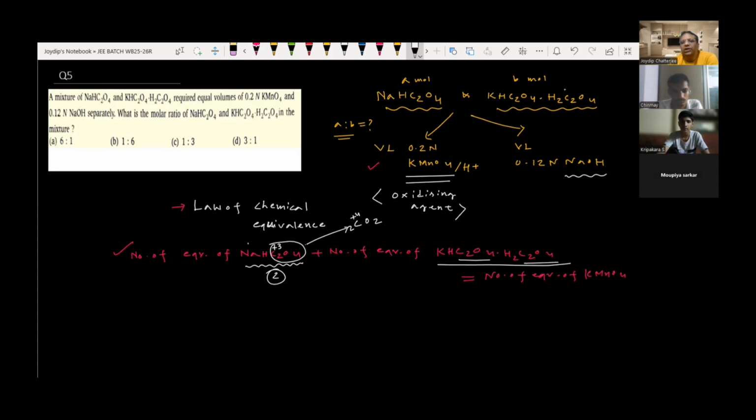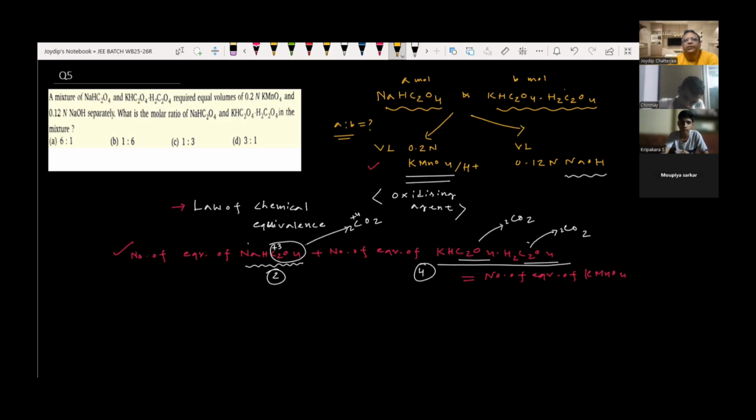Here also the oxalate part will be converted to CO2. So now 4 carbon atoms are there. If you take one molecule, the N factor will be 4. Are you getting my point? Yes, sir. So here it is 2, and here 4.